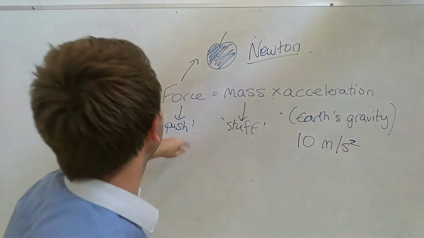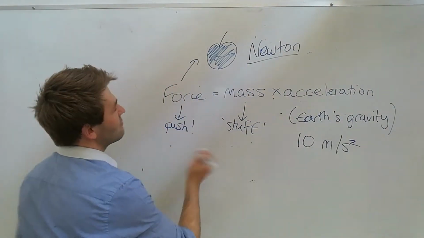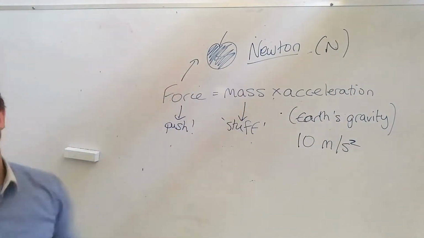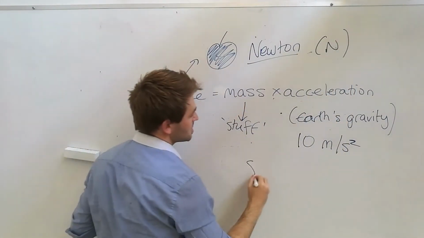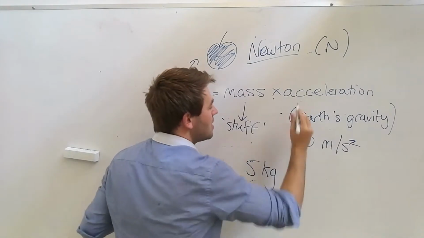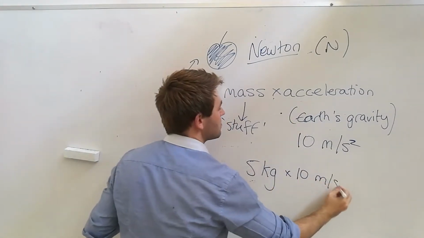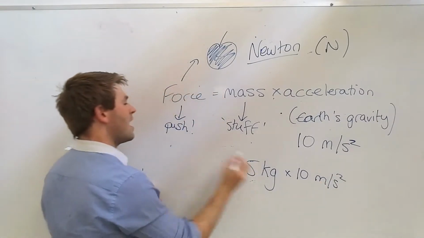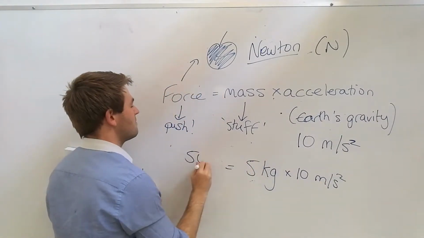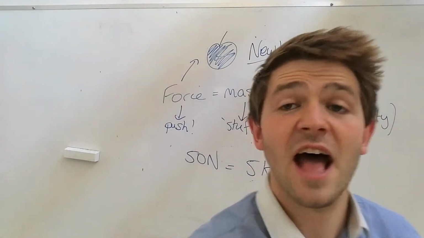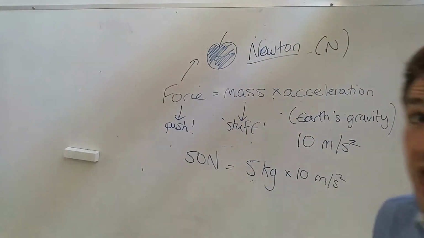Isaac Newton gives the name to what we call a force. Force is measured in newtons. And this is easy maths. If my mass is 5 kilograms and my acceleration is 10 meters per second squared, then I have 5 times 10, 50 newtons. That is easy. That you can all do.